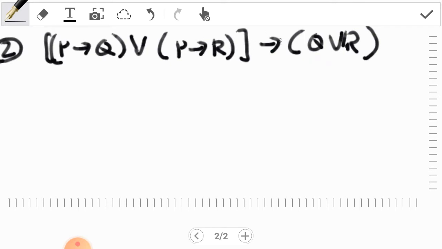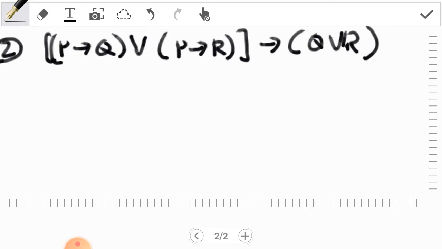But since this is an implication, we are not going to prove that this is logically equivalent with Q or R. That's why the instruction there is to simplify. So let me just explain the steps given there. We just want to make this expression simpler. So how can we do that? If you go over your handout, the first step given there is using material implication.